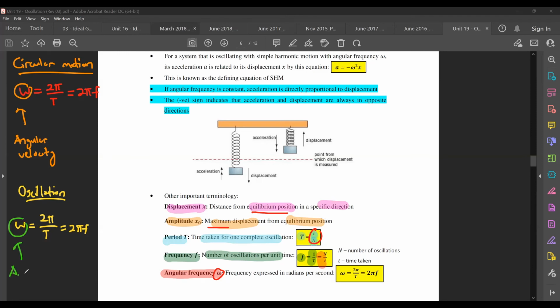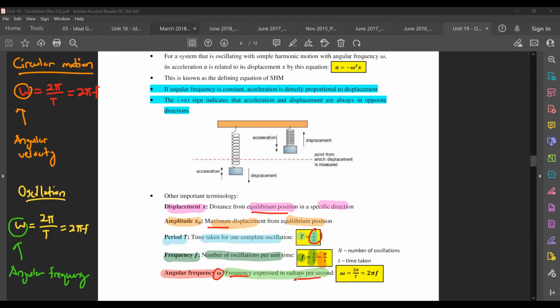We call this angular frequency. Okay, this is a definition question that will come out occasionally in your past years. So when they ask you what is angular frequency for oscillation, it is simply frequency expressed in radians per second. Okay, so I just repeat for you. It is frequency in radians per second.